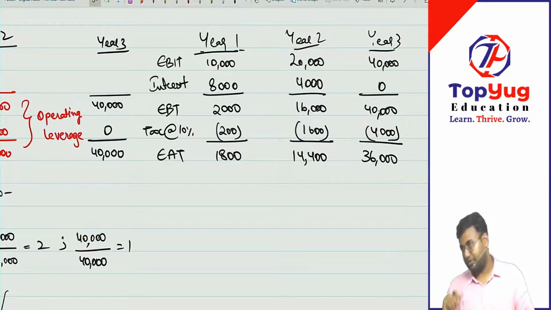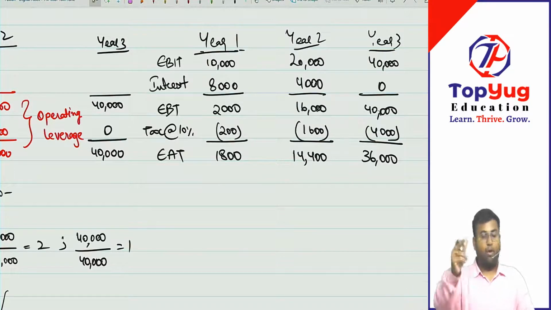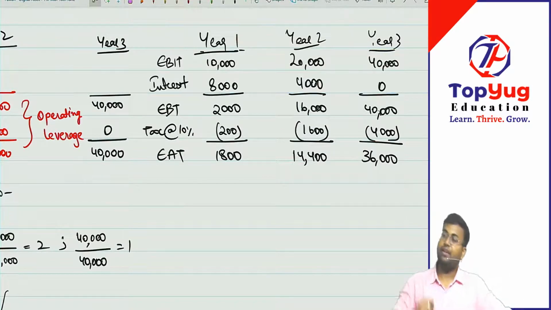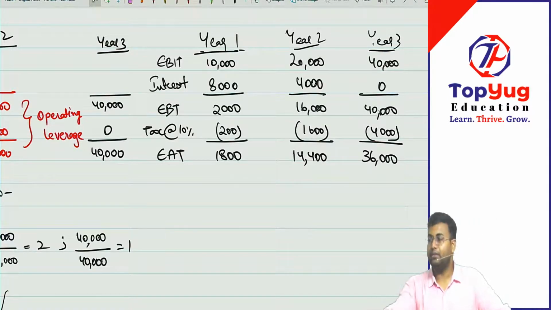In the fixed cost. Fixed costs are of two types: operating and finance. Operating is taken as contribution by EBIT. Then where is finance? EBIT by EBT. We'll come to that. Suppose tax is 0.